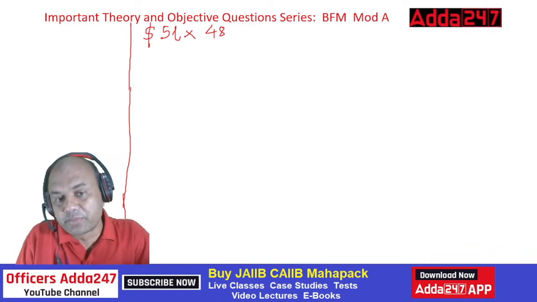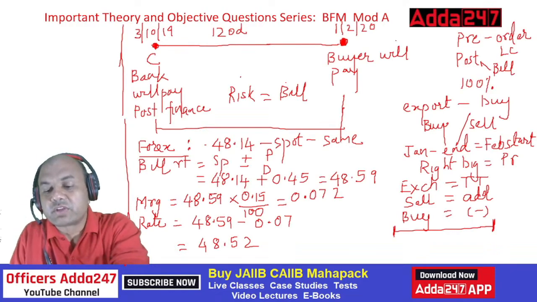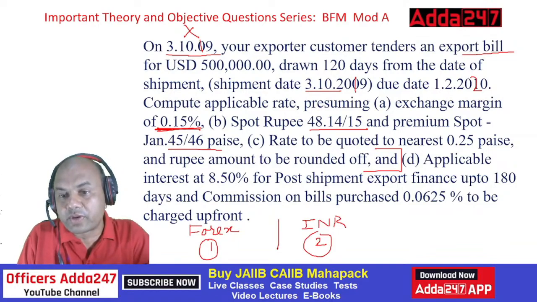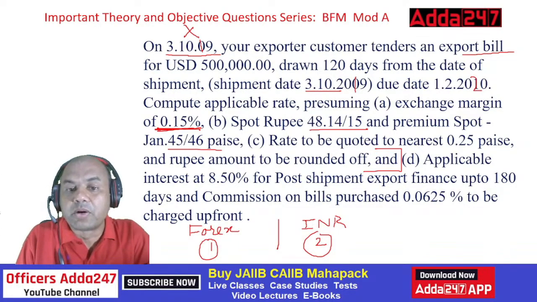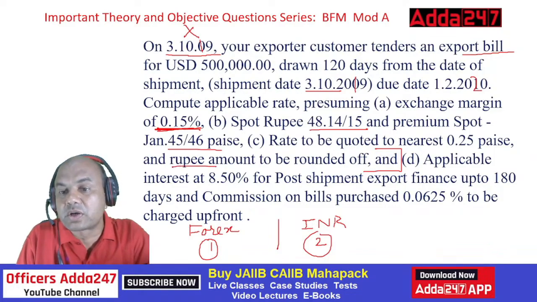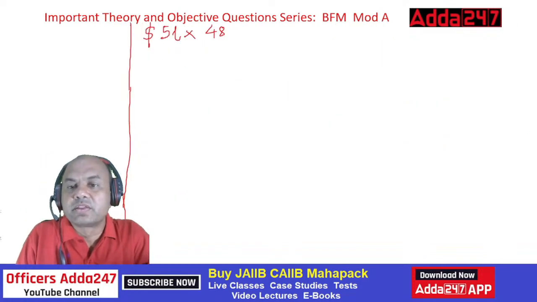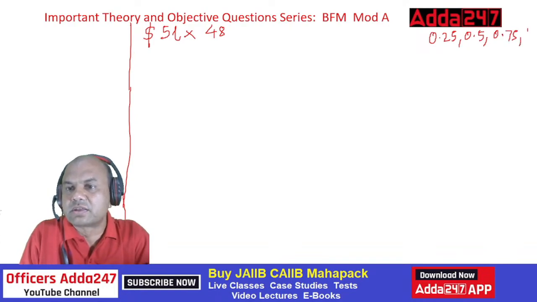Now look at this important point given here: the rate to be quoted to nearest 0.25 paise and rupee amount to be rounded off. The meaning of 0.25 is, it will be like this: 0.25, 0.5, 0.75, like that. And last is 1.